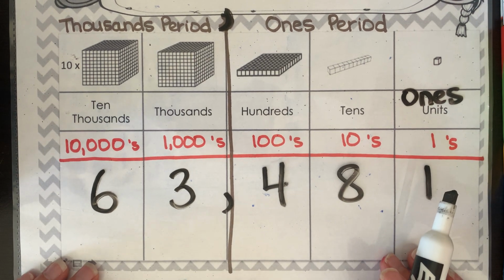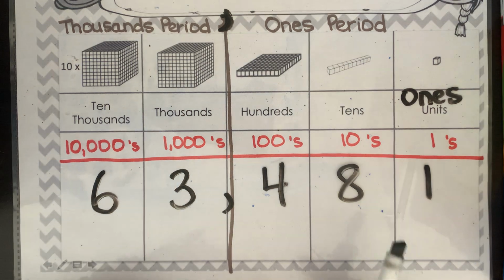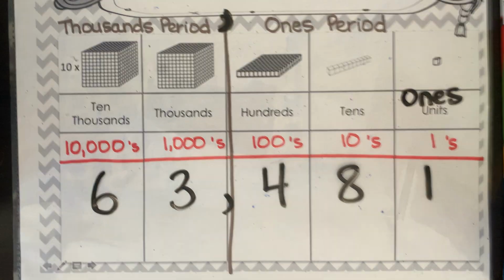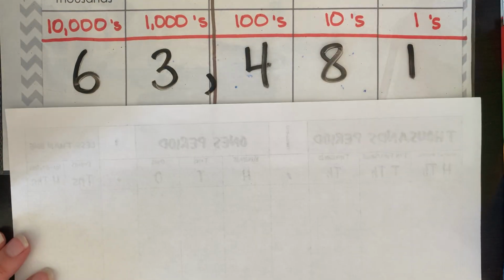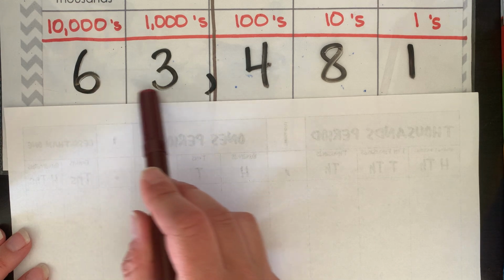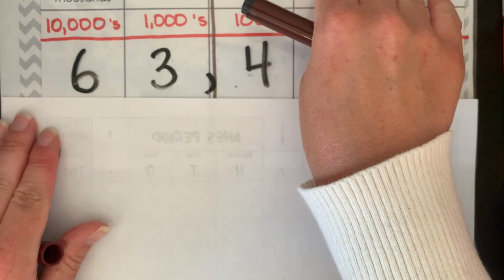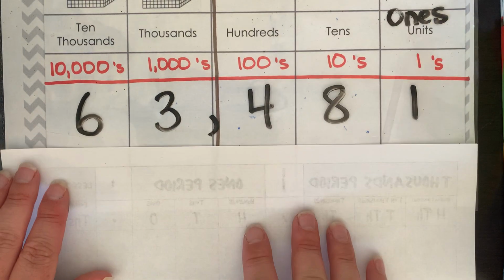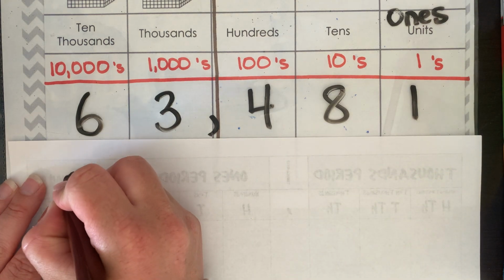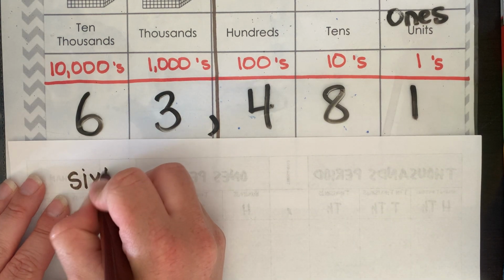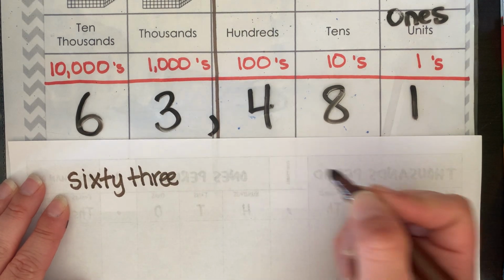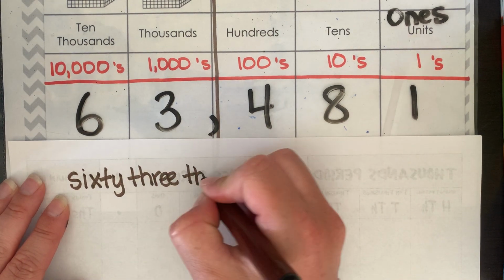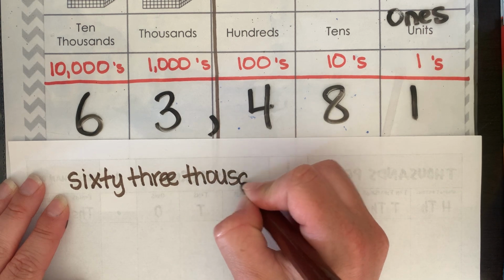If I now want to move into my word form, I'm going to write using words for these numbers. Like I said, this is 63,000. So I'll even steal my spelling from here. I'm going to write 63, and then this is in my thousands period, so it's 63,000.